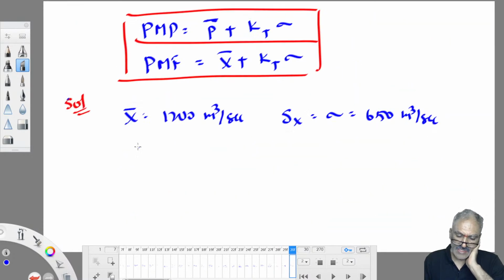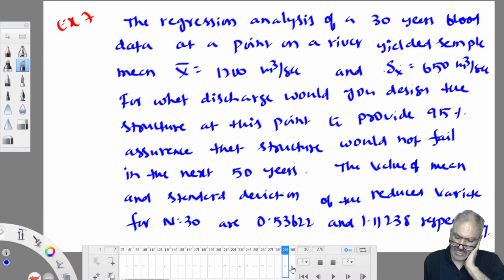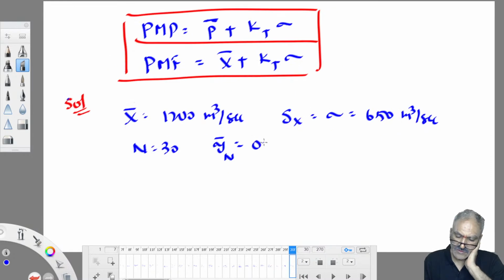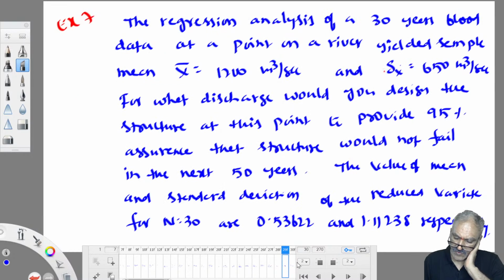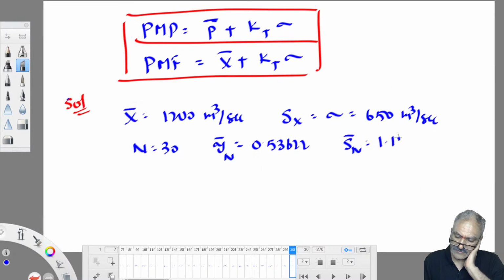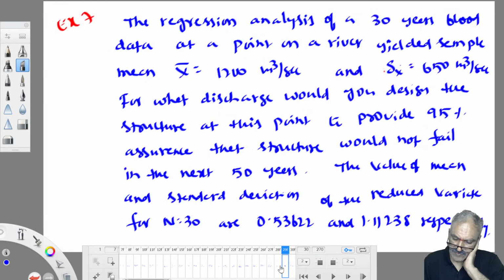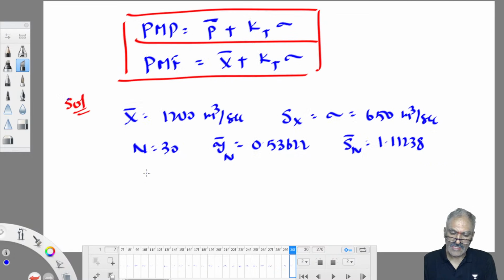Then for sample size n equal to 30, YN bar is given as 0.53622 and SN bar is given as 1.11238. This is also given to you. And he is asking what flood discharge to choose, that is, the probable maximum flood.